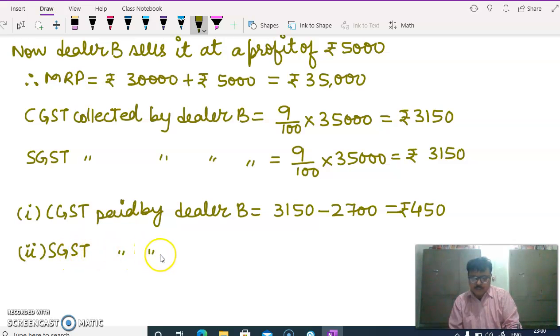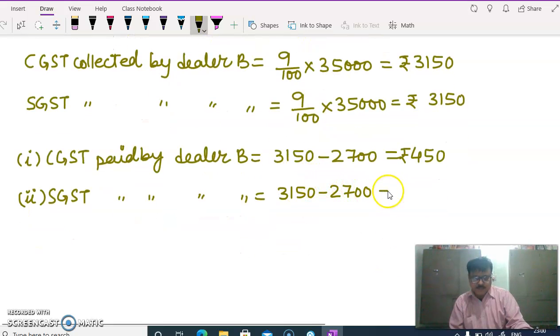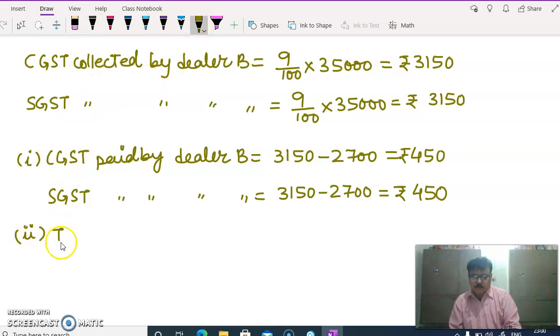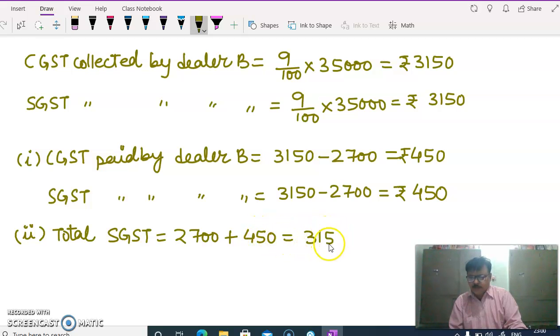SGST paid by the dealer B will again be 3,150 minus 2,700. 3,150 which he has collected and 2,700 which he has paid to the manufacturer A. That is 450. So total SGST is 2,700 earlier plus 450 now, which is 3,150. That was to be the answer before as well as now. Correct.